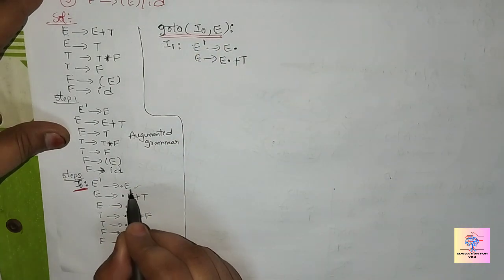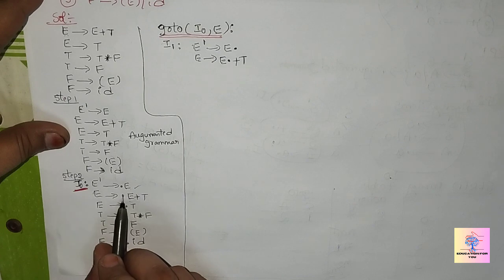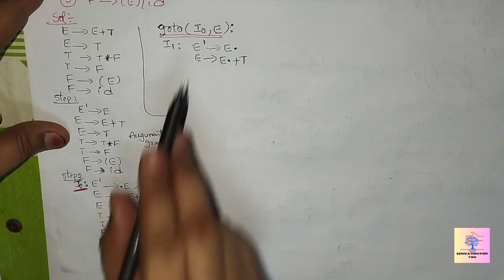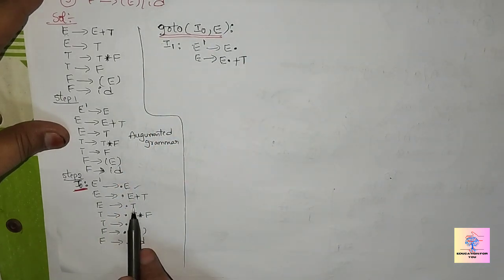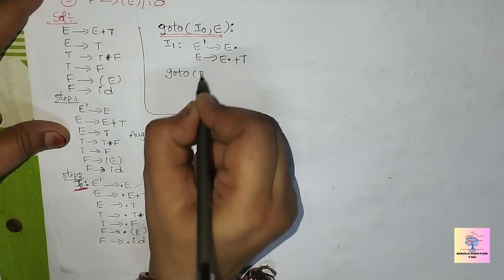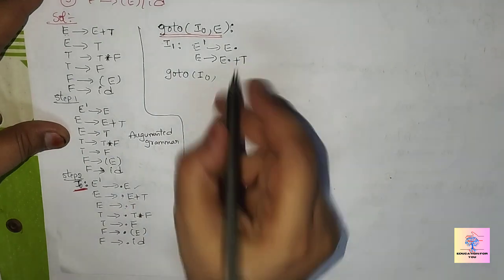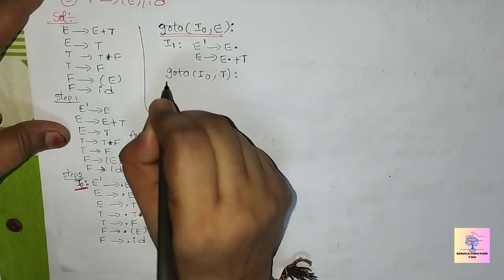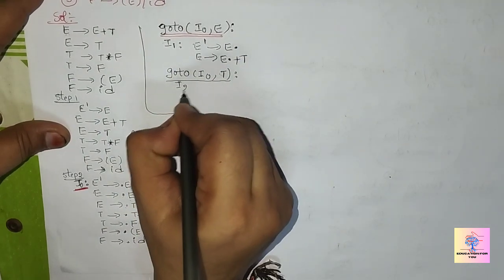Now next, after the dot E is over, that is go to I0 comma E. Next after the dot, T is there. That is go to I0 comma T. Let us take this state as I2.